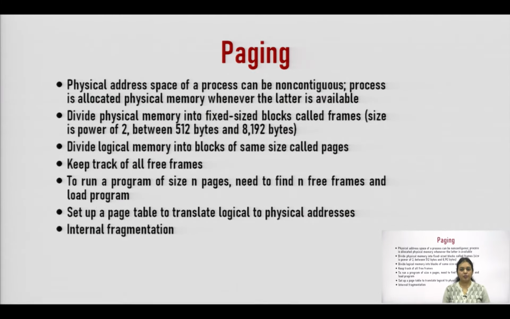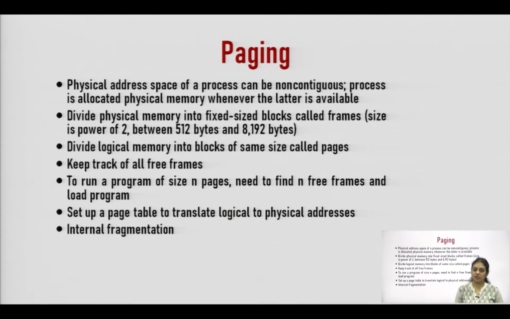In contiguous memory allocation, we have to allocate continuous locations to a particular process, but at all times it is not possible that we have contiguous space available for a process. So, in that case non-contiguous memory allocation comes into the picture. Now, in non-contiguous memory allocation we implement it using paging.